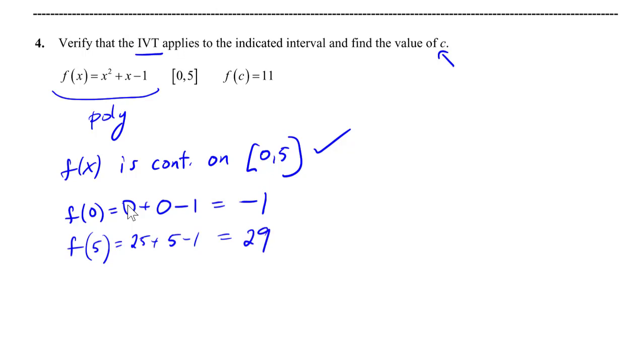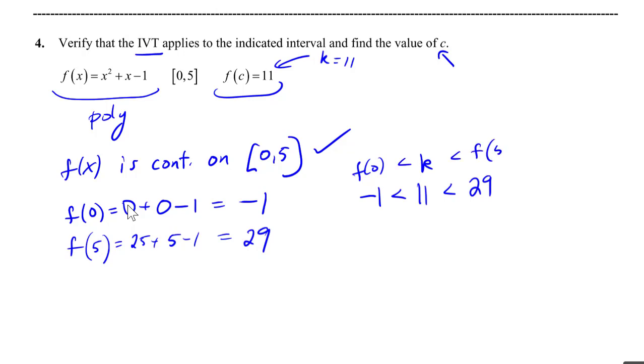Now, we're not doing the bisection here. We're being asked to find k of 11. The really important thing is that negative 1 is less than 11, which is less than 29. So our k happens to fall between f of 0 and f of 5.